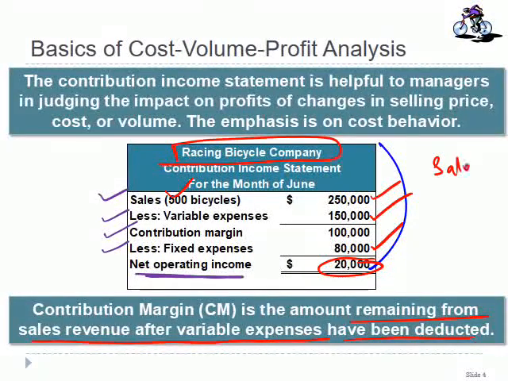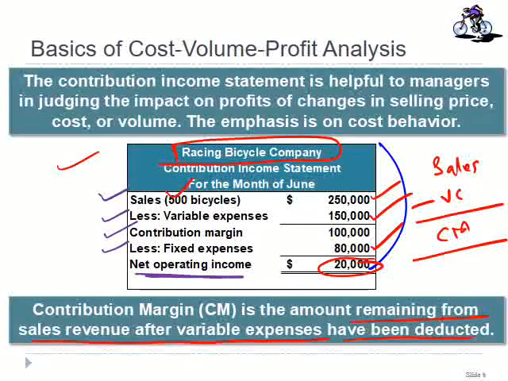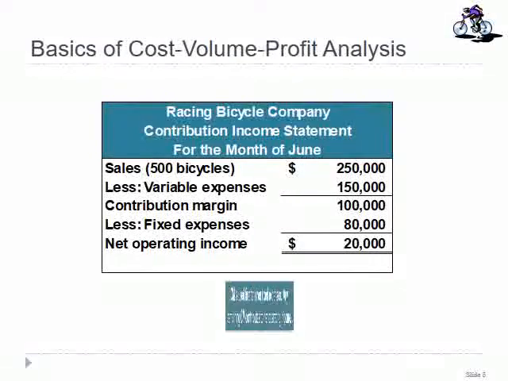Simple, sales minus variable cost, the amount left is called contribution margin, right? So if you notice the example here, the focus is the cost behavior, right? So variable cost is separate, fixed cost is separate. So let's further explore this example.